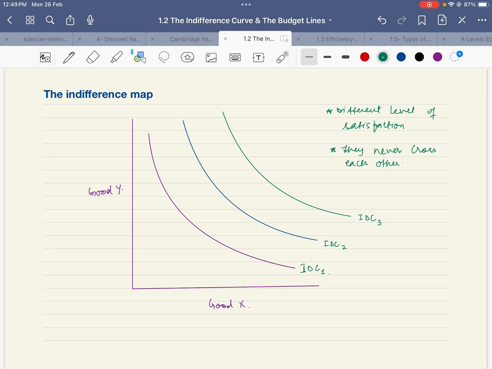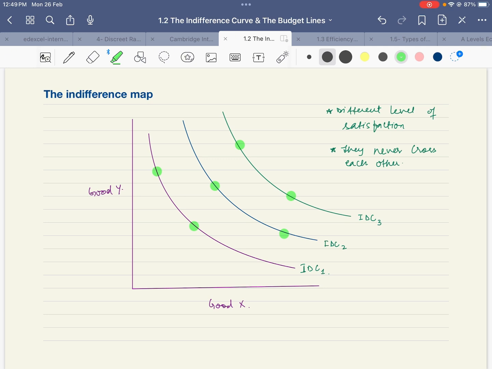For example, when the consumer is moving from this point to this point, obviously the consumer is leaving some amount of one good to increase the amount of the other good. That is called marginal rate of substitution.